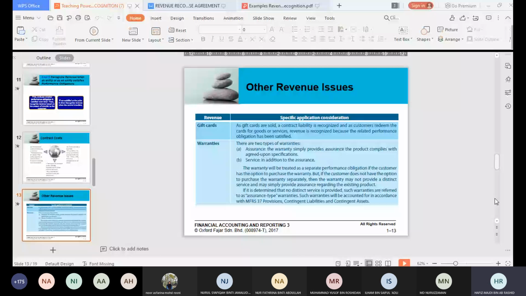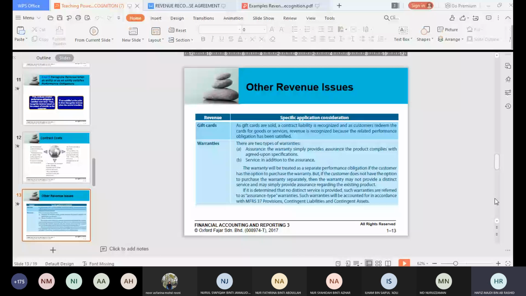So if you look into the discussion in the textbook, as long as you can basically justify that the construction is basically for the purpose of that customer, there is no other objective of constructing that, for example, house, then it basically would allow the use of percentage of completion method.